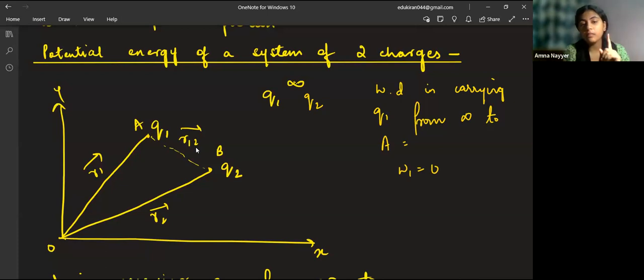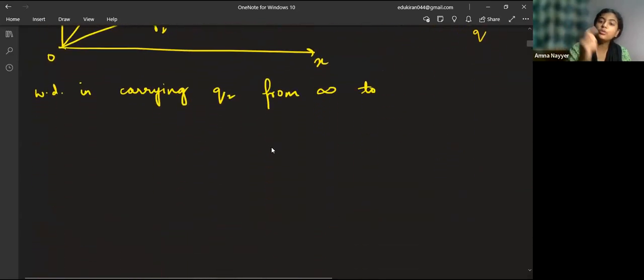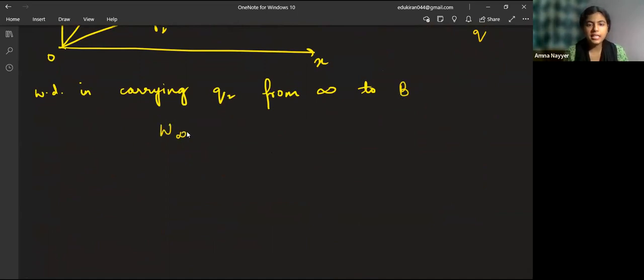Secondly, when you are calculating work done on Q2, you can easily use the formula V is equal to work done divided by charge. This formula is helpful for us now, right? When we talk about charge Q2, the work done in carrying Q2 from infinity to this point B is Q2 multiplied by the change in potential, that is final potential at point B minus initial potential at infinity.